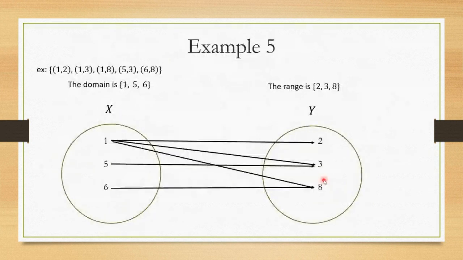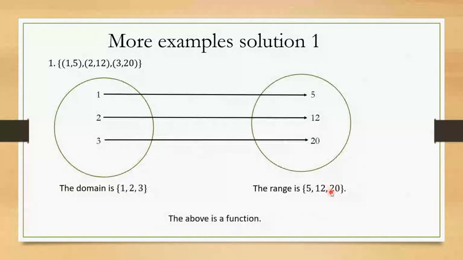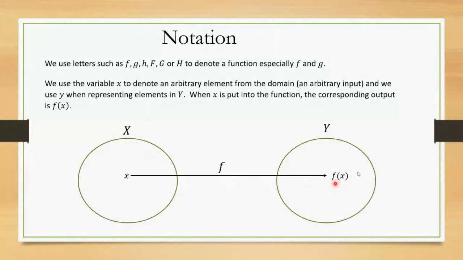Well, the notation for that is this. The notation you actually get for that is f of x. So f of x is how we denote the output. In other words, if x goes into the function, the output you get is f of x.